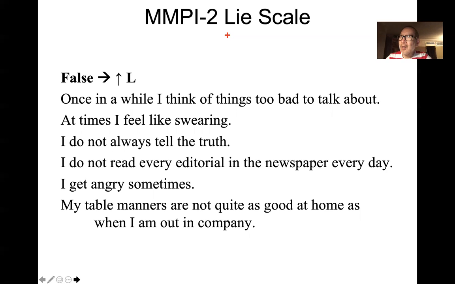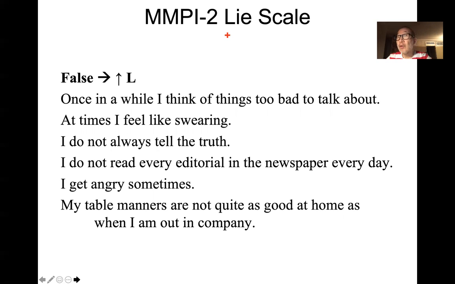Whether you're consciously, intentionally lying, as experts in forensic psychology will tell you, no one test will do that for you. Whether it's a personality test or otherwise, you need a number of pieces of evidence to support the assertion that someone is malingering or faking in one direction or another. And that goes for the MMPI.